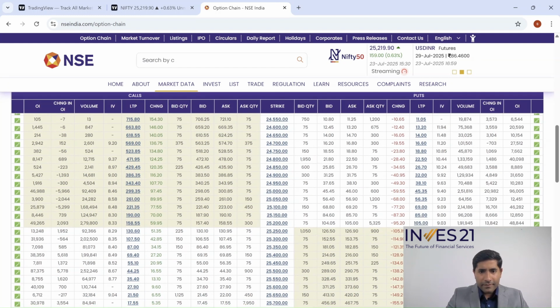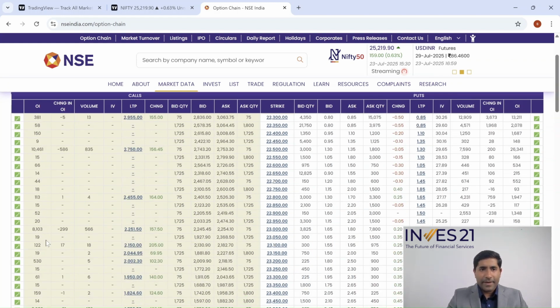Now we spoke about a possible resistance at 25,400. You can see some concentration of contracts on a monthly expiry basis, where there are a bit of call writers, which is out of the money. So 25,400 is a level to definitely look out for, and in the immediate run, it's going to be 25,300, right?